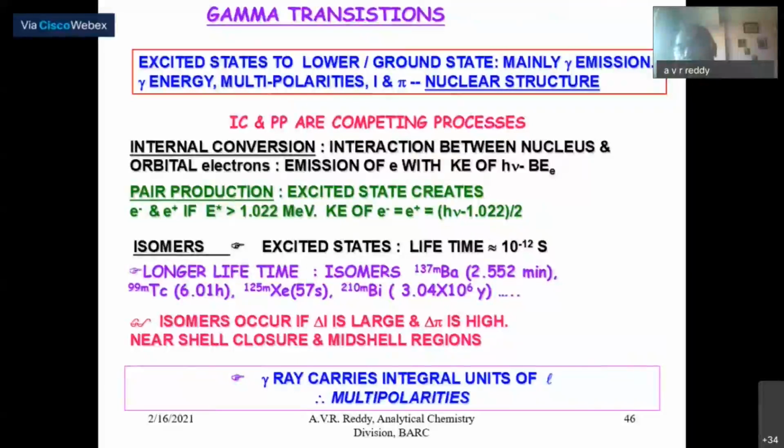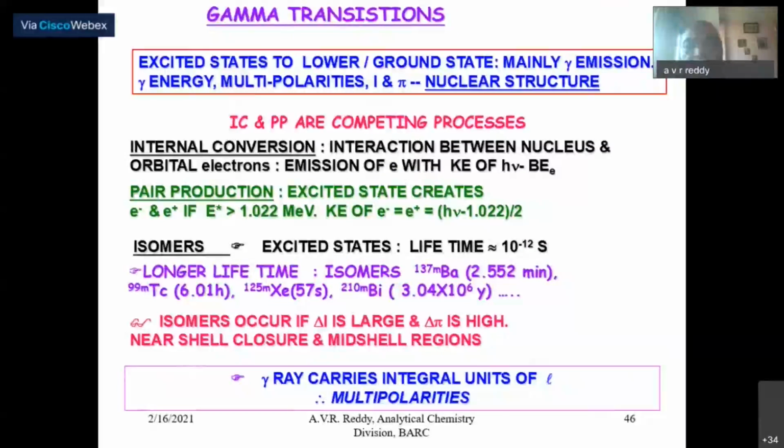No. The excitation energy was given to one of the atomic orbital electrons, and in the process, if that gets energy more than the binding energy, then it can be emitted. It can come out of the influence of the atom. We call it internal conversion. So internal conversion is a competing process for gamma de-excitation. There is no conversion as such. Instead of a gamma, you see an electron.